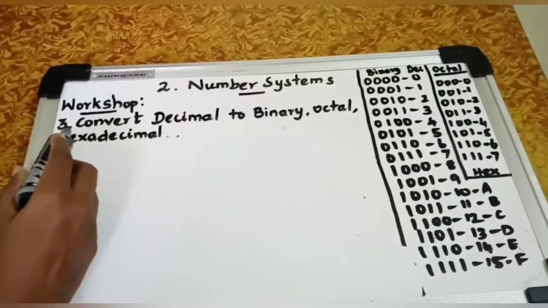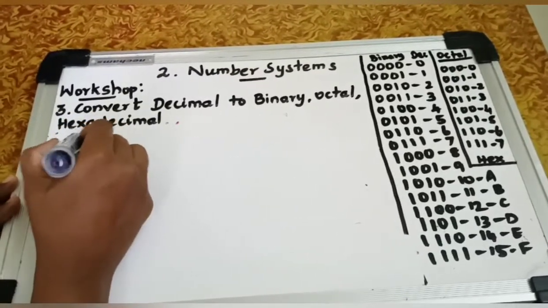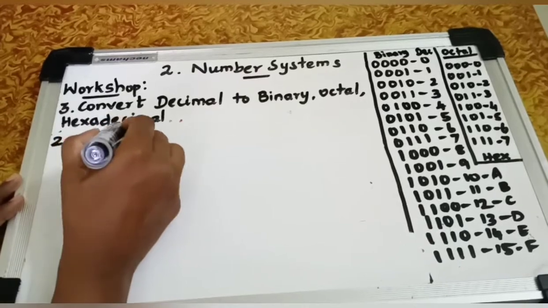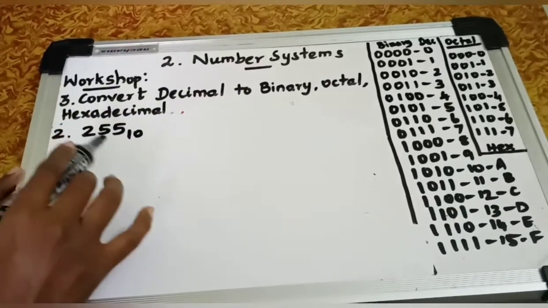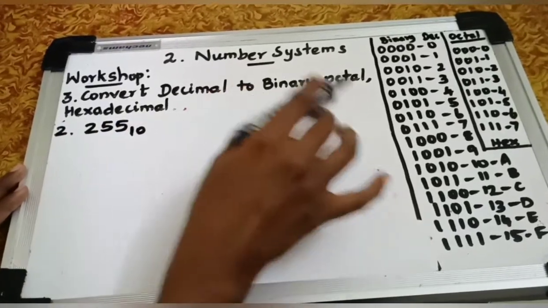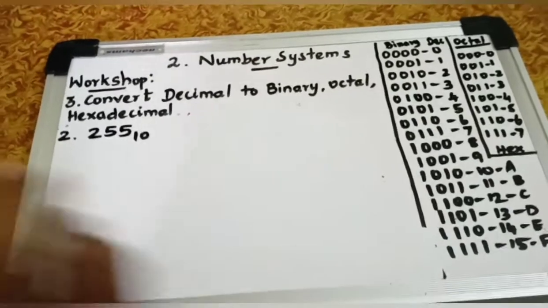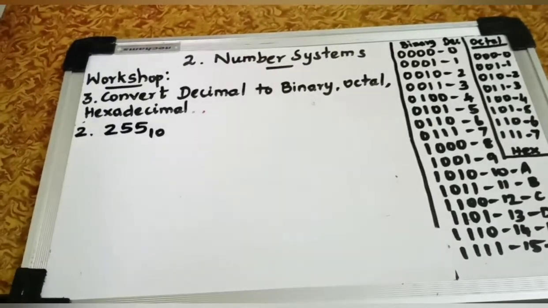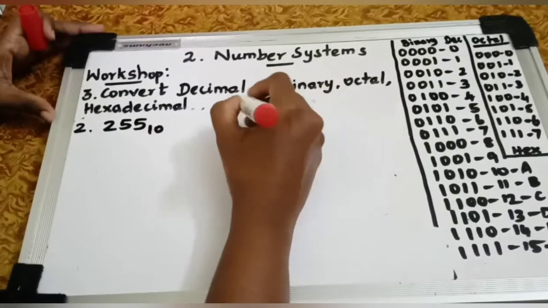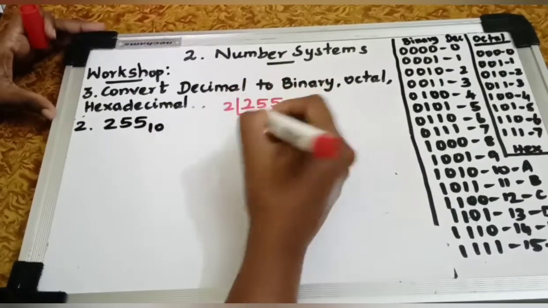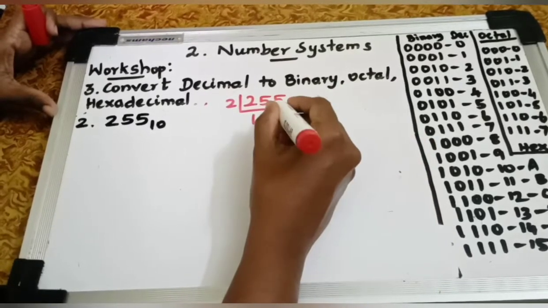Now the same third workshop, the second sum. The second sum's question is 255 base 10. Convert it the same way to binary, octal and hexadecimal. How do we convert this? Using the division by 2 method. So 255 divided by 2: 1 2 is 2, then 5, 2 2s are 4, remainder 1.